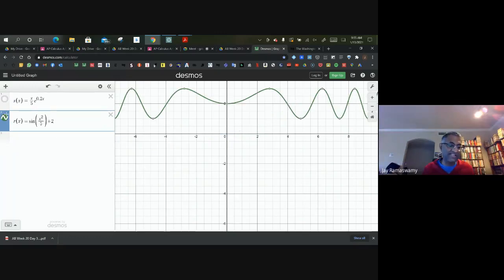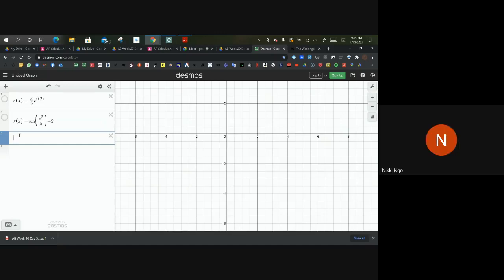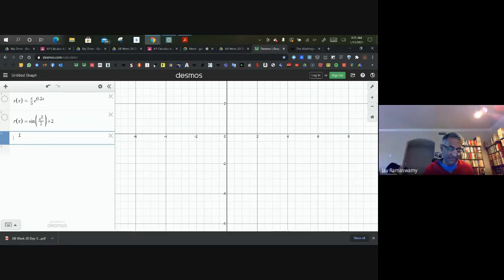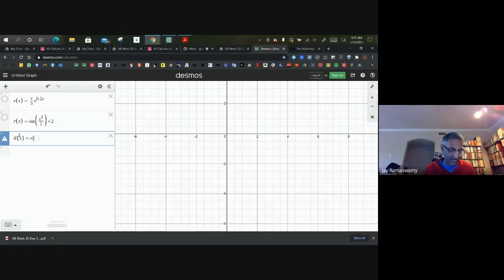Does Desmos get confused between capital and small letters, or does it use the same thing just for E? Okay, R of x equals R minus S, small r of x minus S. Everybody okay there? That sounds about right.